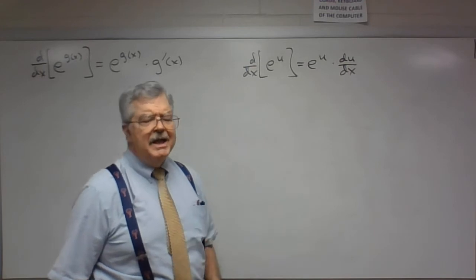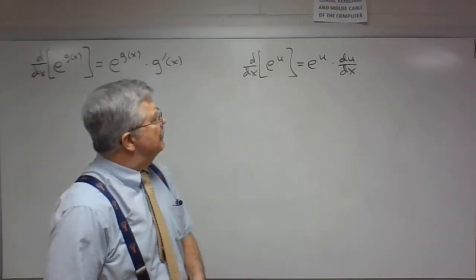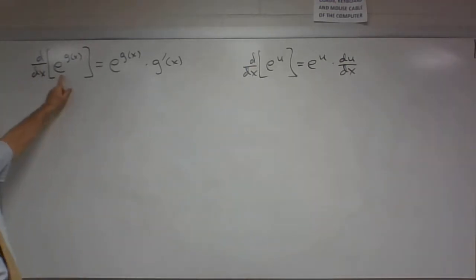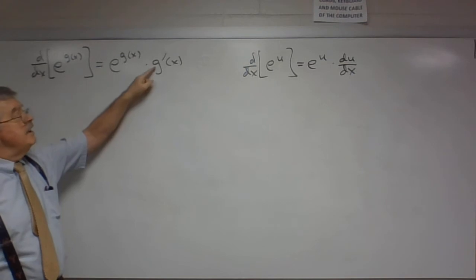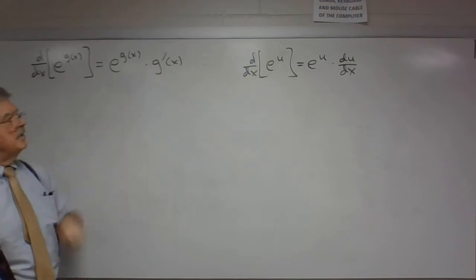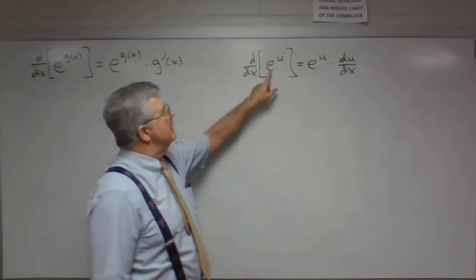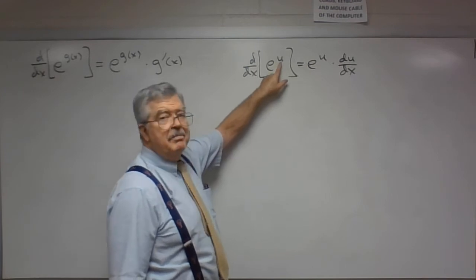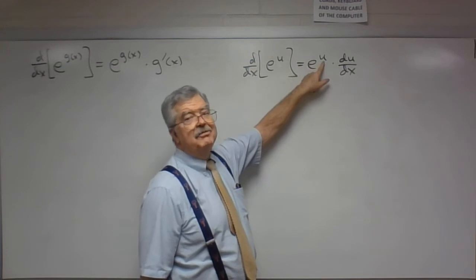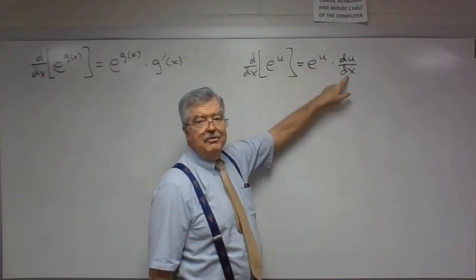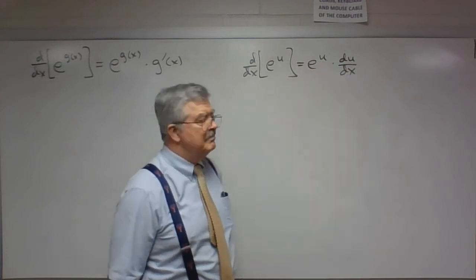The bottom line is this. If we have the derivative of e raised to the power of some function, we get that same thing, e to the power of that function, times the derivative of the exponent. e to the power of a ham sandwich is e to the power of a ham sandwich times the derivative of that ham sandwich.